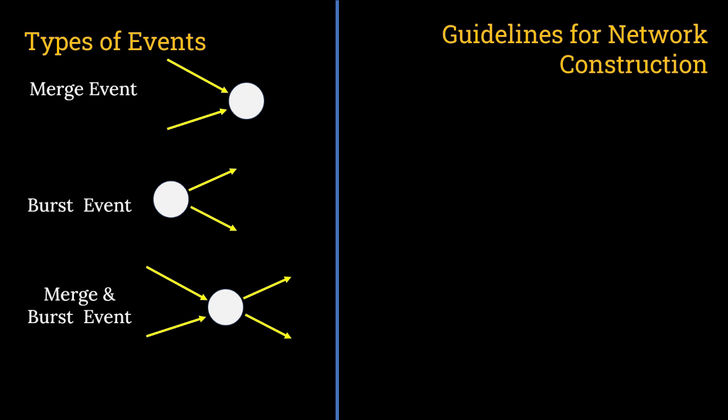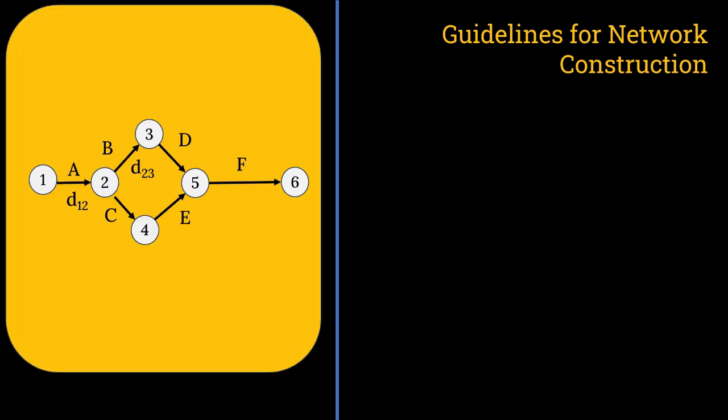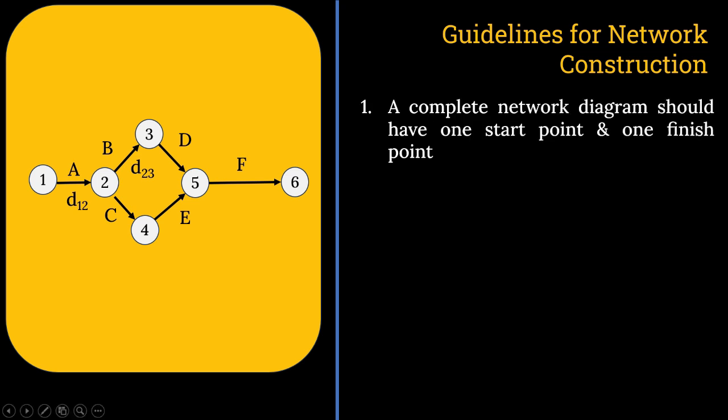Now, a few guidelines for network construction. One is that a complete network diagram should have one start point and one finish point. Here you can see this network is starting from node 1 and finishing at node 6. So one start point and one finish point. That is the compulsory part of any network construction.